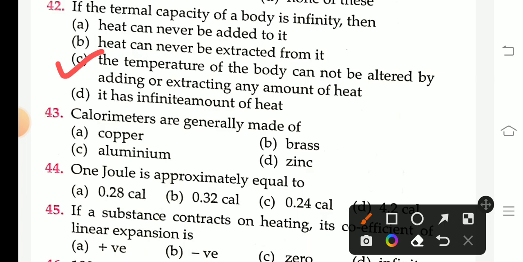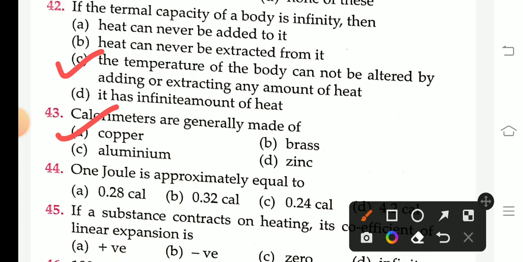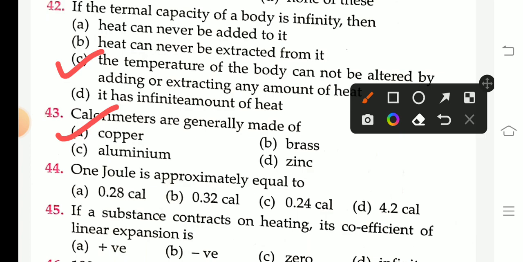Calorimeters are generally made of, right answer will be option A, copper. 1 joule is approximately equal to, right answer will be option C, 0.24 calorie.